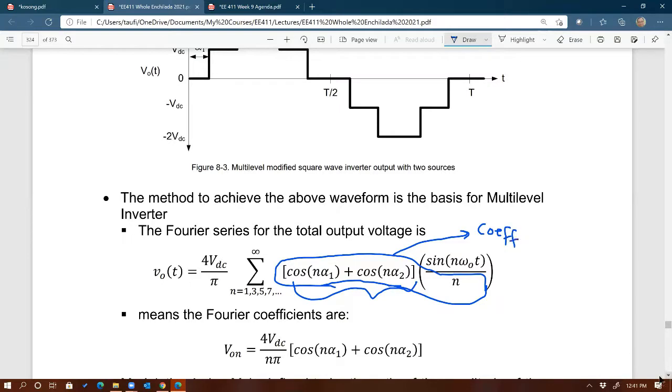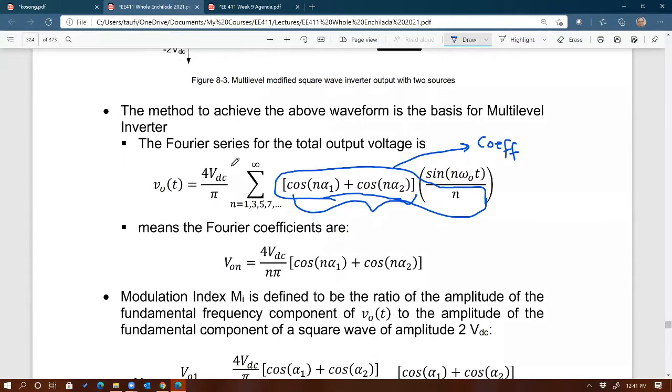So if I look at specifically just the coefficients of this Fourier series, then you have this equation right here, which hopefully now makes sense. The coefficient for each harmonic n is equal to 4 times VDC, times the cosine terms that I just encircled, divided by n.